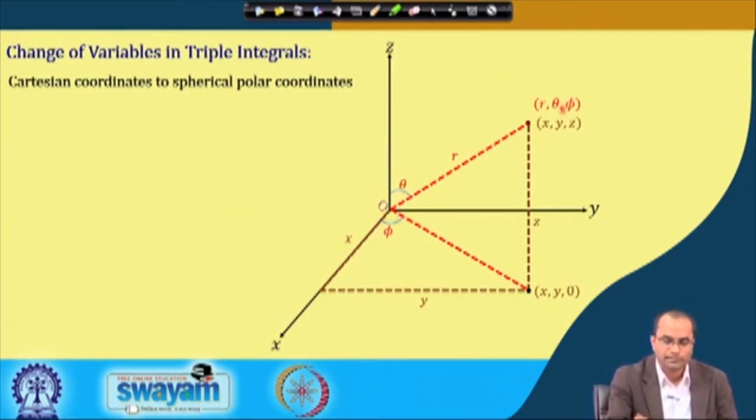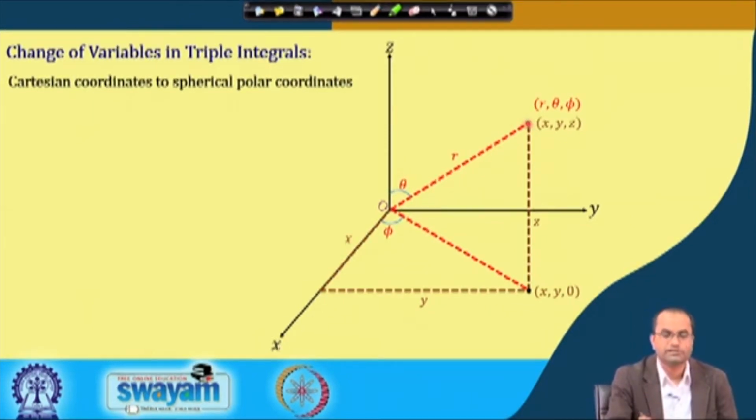And now, this theta angle is the angle with the z axis, that is, the line joining the origin to this x y z point in space, that angle is denoted by theta.